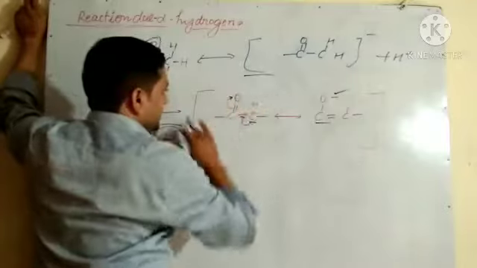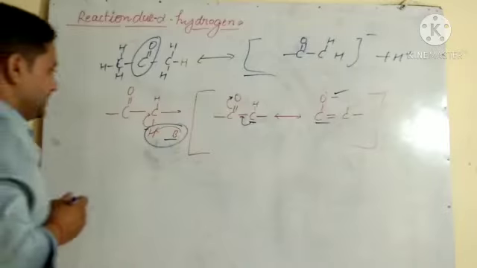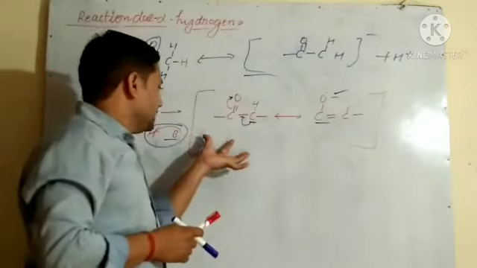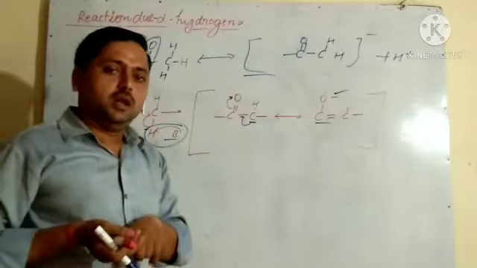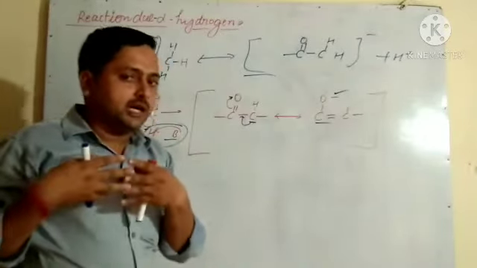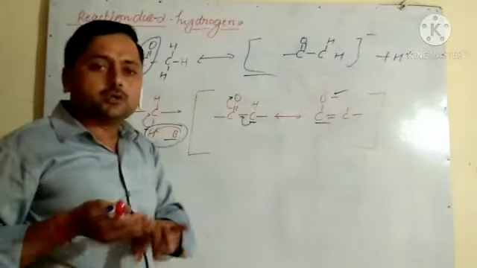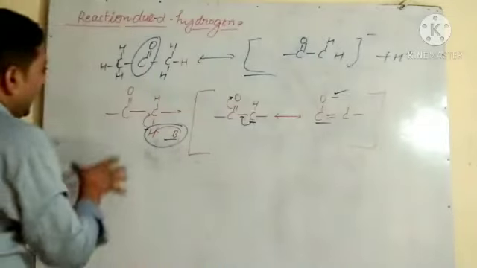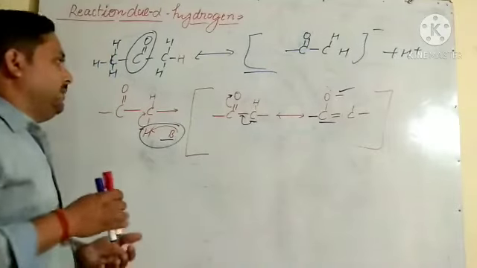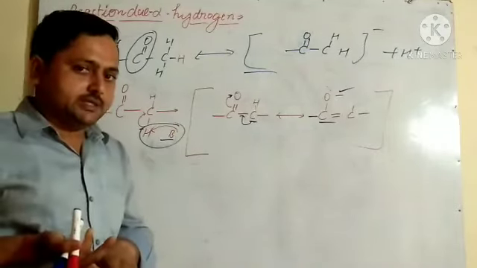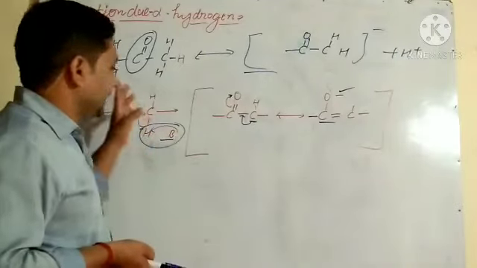So due to resonance stabilization, it is more stable, so that aldehydes and ketones show acidic nature. After losing a proton, if the base is stabilized by resonance, that is more stable than the acid.